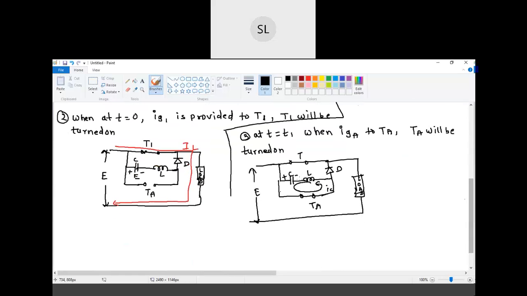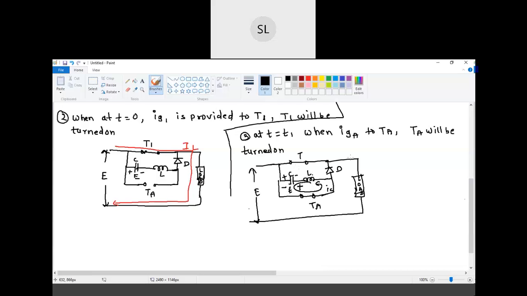First of all, the energy stored in this capacitor will be given to this inductor. This capacitor will be completely discharged. Once it is completely discharged, whatever energy was stored in the inductor by this capacitor will be given back to the capacitor, so that this capacitor will be charged with the opposite polarity, that is, with right plate positive and left plate negative, to the supply voltage E once again.